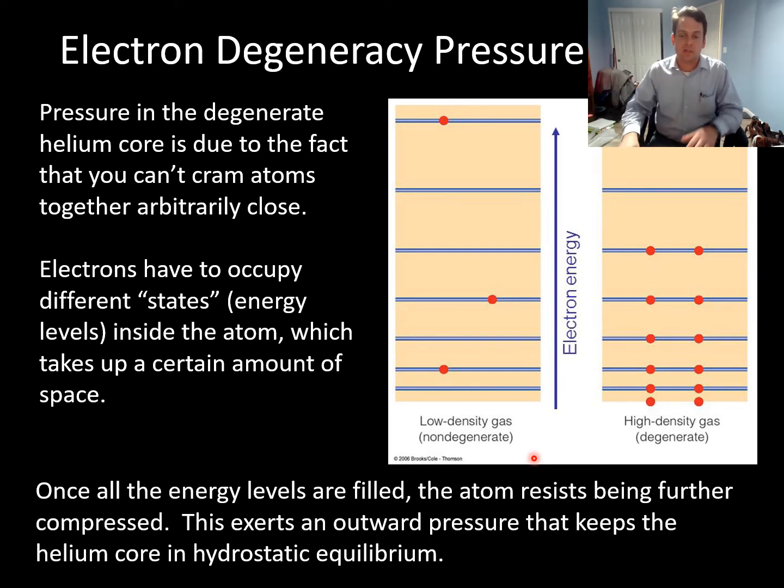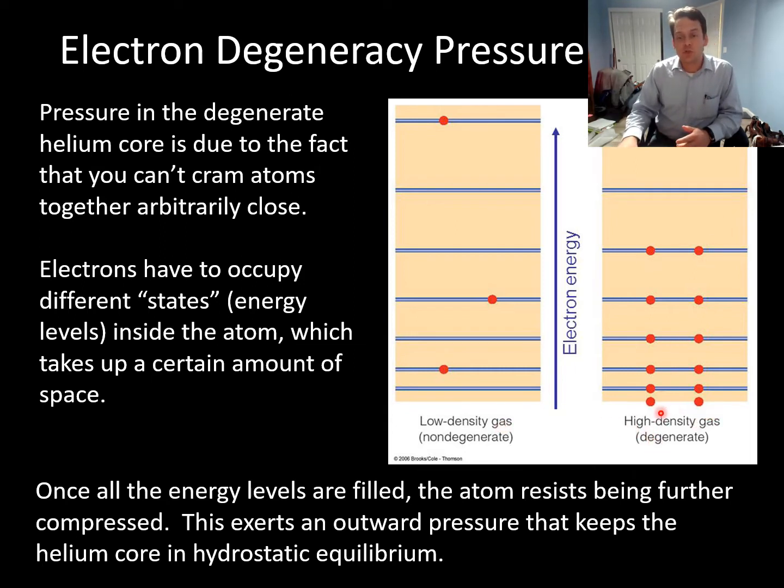So the point is that for a low density gas, these electrons will be in a few different energy levels. There aren't very many electrons because it's a low density gas, and so they don't interact with one another very much. In a high density gas, or a gas that's known as degenerate, the story is different.